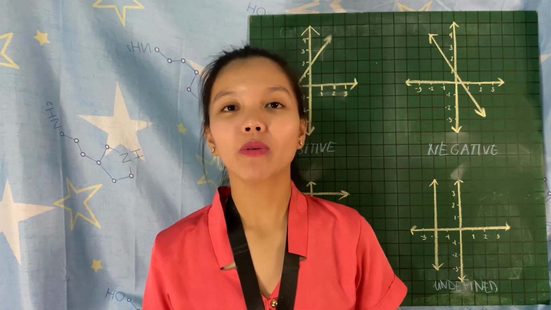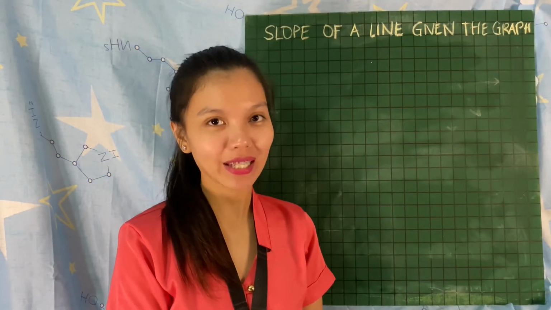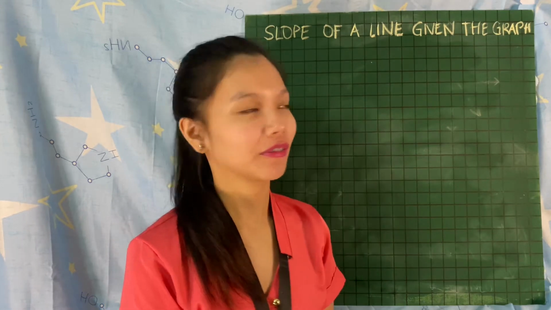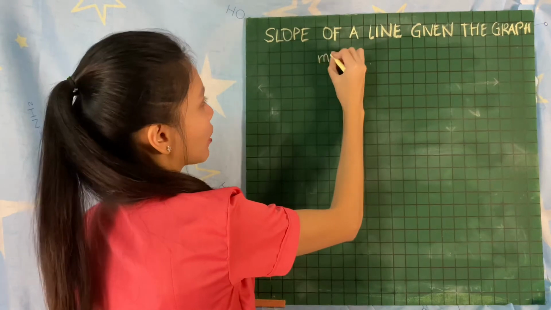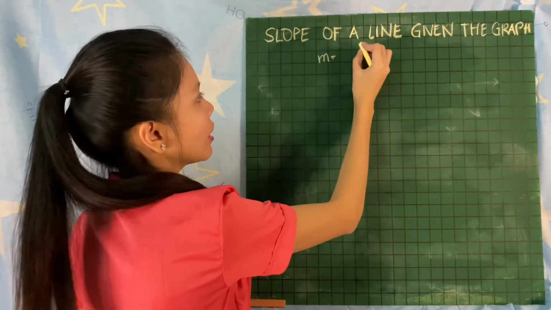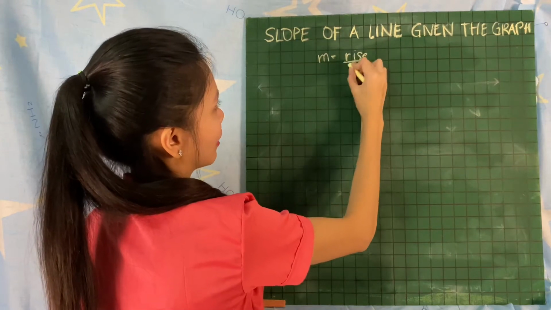Now, we are going to discuss how we can solve for the slope of a line if we have a graph. We are going to use this form: m, or the slope, is equal to rise over run.